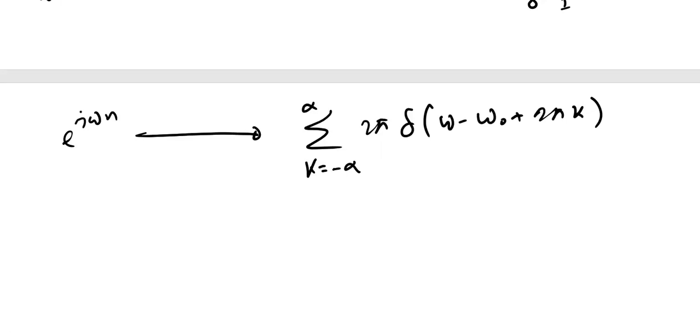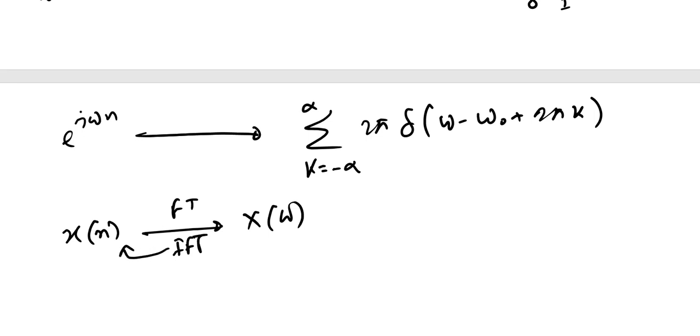What does it mean by that? If I have x[n], do the Fourier transform, we have X(omega). If you do the inverse Fourier transform, we must get the same value back, that is x[n]. There is no other way. Sometimes there are some processes where you can get a different function.